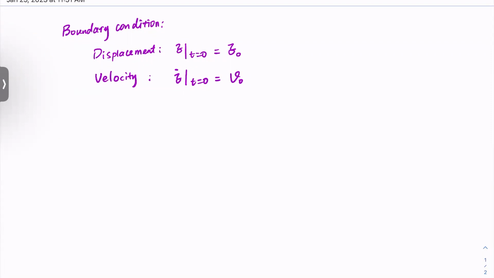Because you have two unknowns, C1 and C2, you need two boundary conditions to solve that.